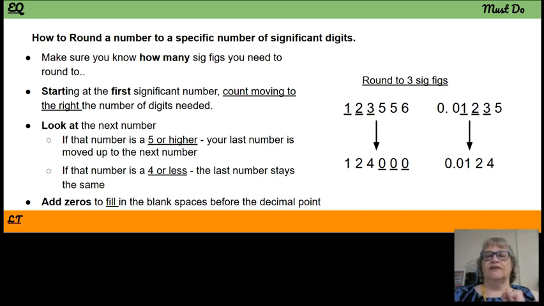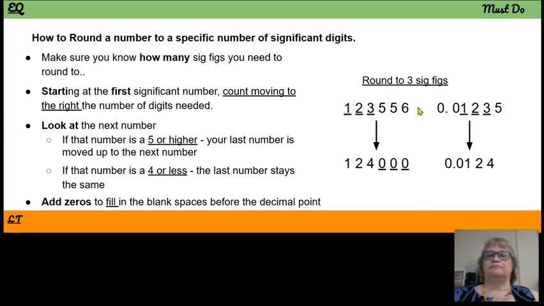Then I'm going to look at the next number. If that number is a 5 or higher, you're going to round the last number up, right? So because I had a 5, I now change this to a 4, and then all the numbers after that become 0.